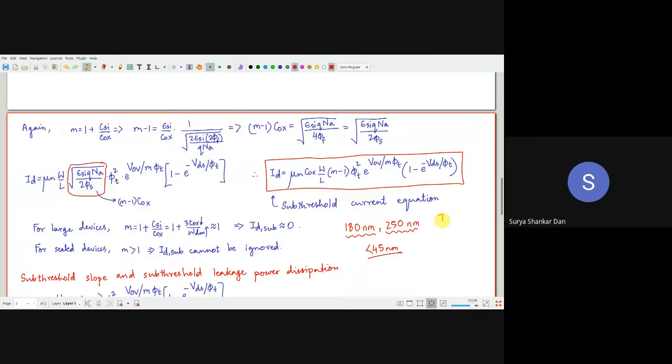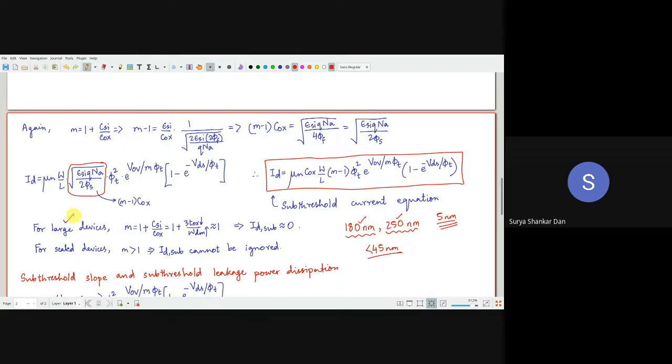As I'm currently telling you, 5 nanometers is gradually coming into the market. With respect to 5 nanometer, 45 nanometer itself is too old. The i7 processor was 45 nanometers, and i7 came into the market, I think, 10 years ago. So if you are choosing these backdated technologies, 180, 250 and all that, then this is valid.